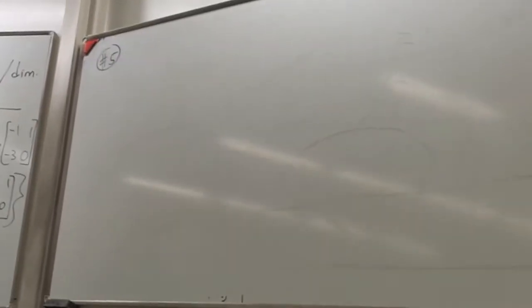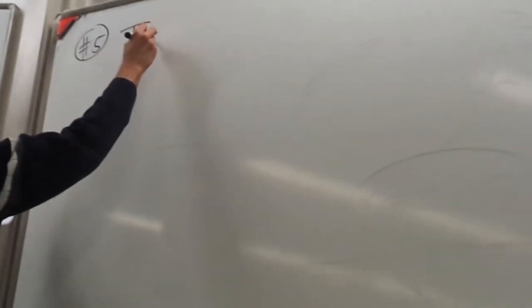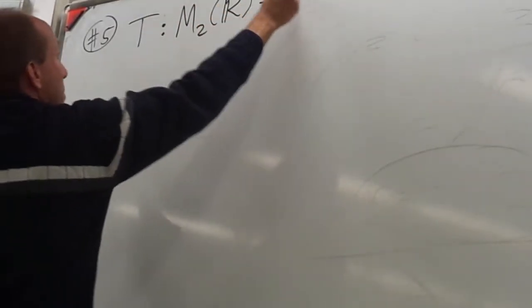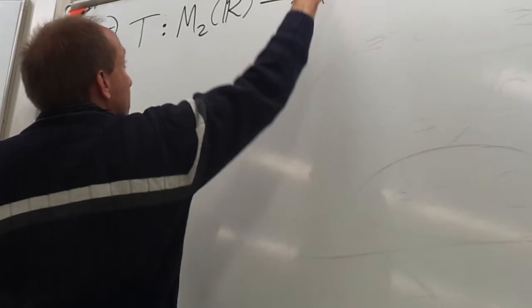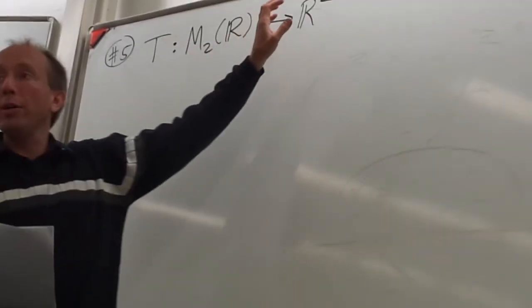Number 5 is about linear transformation. So suppose I have a transformation T. It's going to go from M2 of R, mapping it over to R squared. So I'm going to input a 2x2 matrix, and I'm going to output a vector in R2.